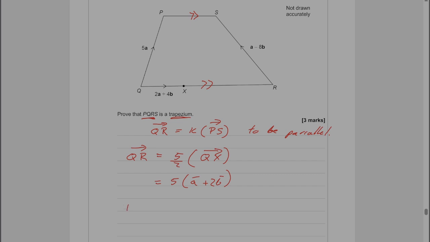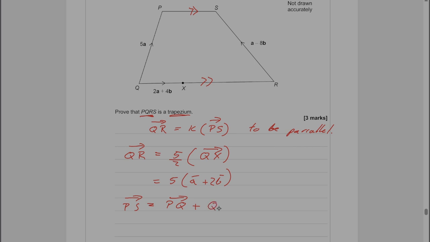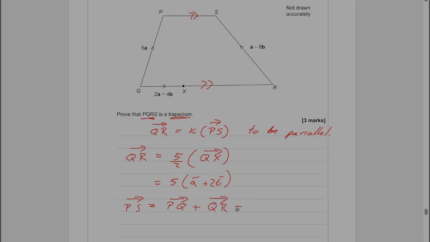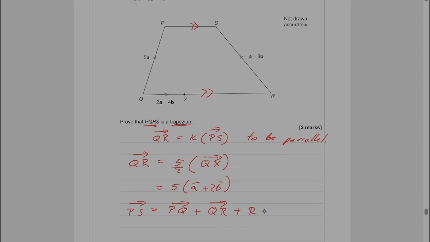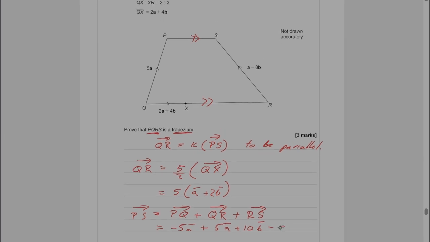Right, so P to S then is going to be equal to P to Q plus Q to R plus R to S, which is going to be equal to P to Q is going to be minus 5A plus Q to R, and I'll expand the brackets then, 5A plus 10B plus A minus 8B.